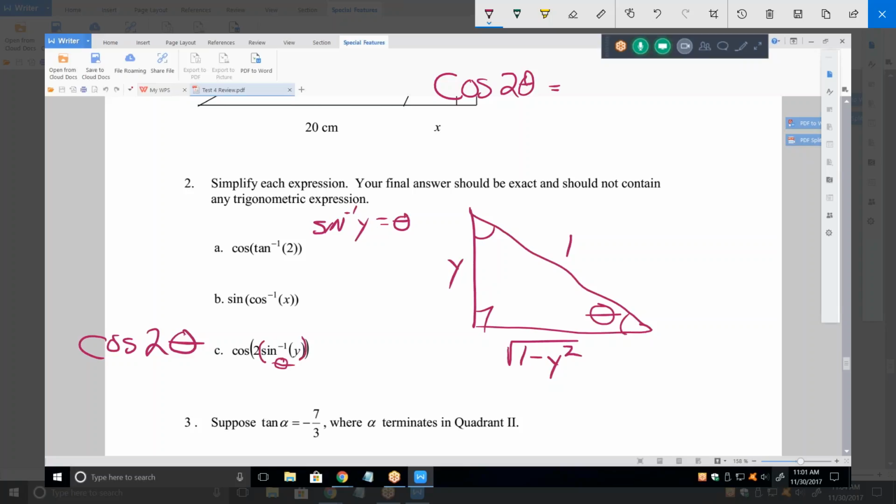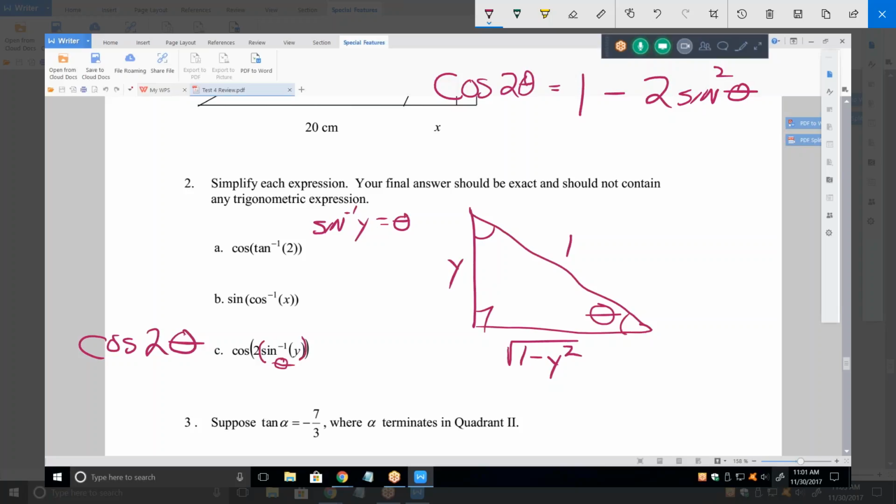You probably only need 1. It's 1 minus 2 sine squared of theta. It's always minus. All 3 of these identities are subtraction. So that's what cosine of 2 theta is equal to.